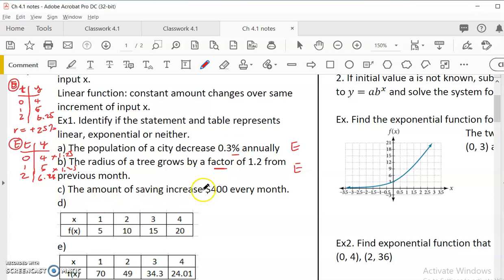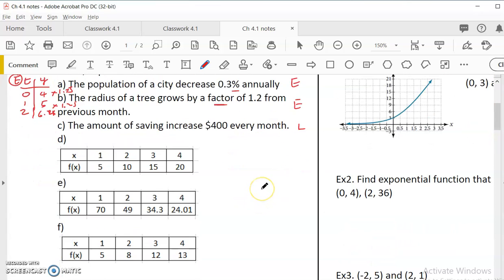C, the savings increase $100 per month. That is linear, because it's a constant every month, a constant rate of change. Now we have tables. We have to figure out if we have a constant increase, decrease, or a multiplicative factor.